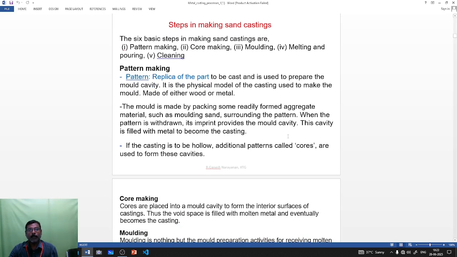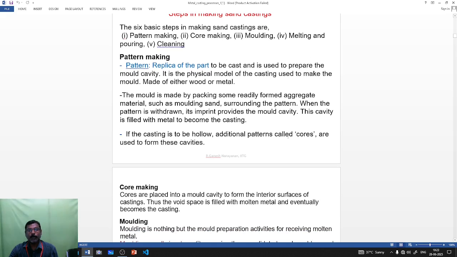First one, pattern making. The pattern is the physical model of the casting used to make the mold, made of either wood or metal. The mold is made by packing some readily formed aggregate material such as molding sand around the pattern.